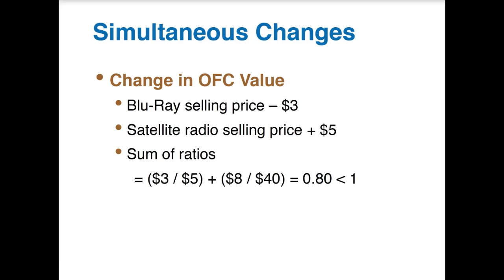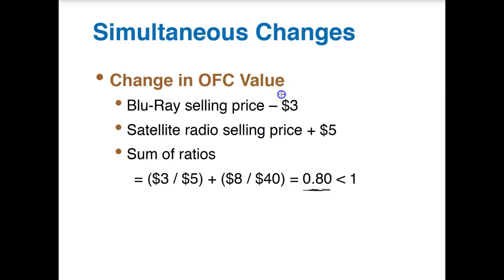Now, if we wanted to change the objective coefficient, the selling price of the Blu-ray DVD player by -$3, and the satellite radio tuner selling price, we want to increase the objective coefficient by $5, then of course we see that the sum of the ratios here would be 0.8, or an 80% change.